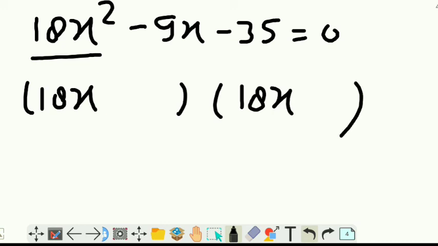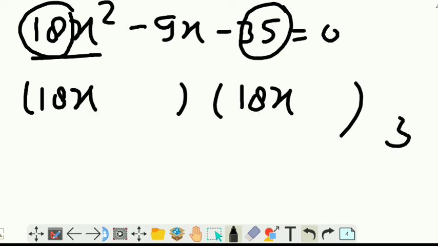Again that procedure will be the same. We need to multiply 18 and 35, then find the factors, then check how by subtracting and adding we can get 9. So by 30 and 21 we are getting 9.